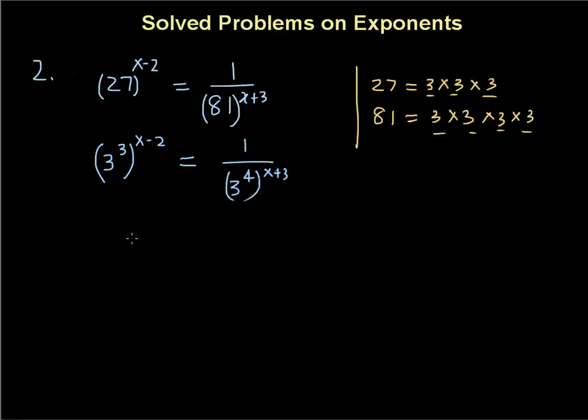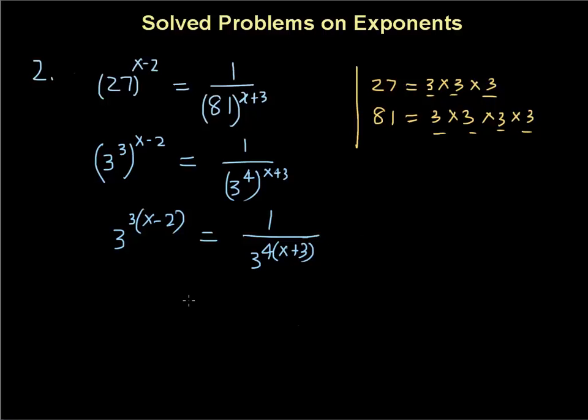Further we solve it, we see that there is power to the power, so powers are multiplied in that case, so we get here 3 into x minus 2, and on the right hand side we can bring it in the numerator. Let's do it first at the bottom right now, which is 3 to the power 4, and then 4 is multiplied to x plus 3.